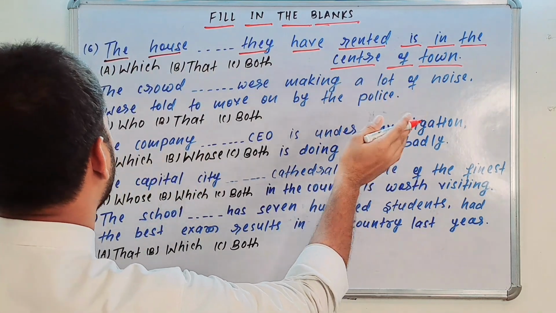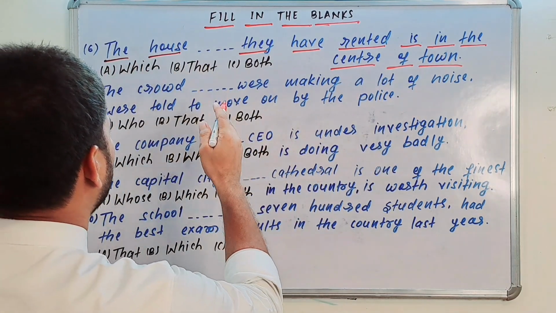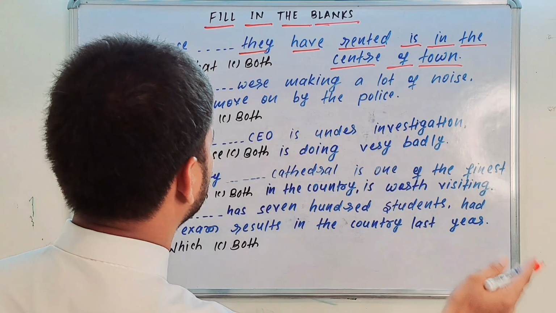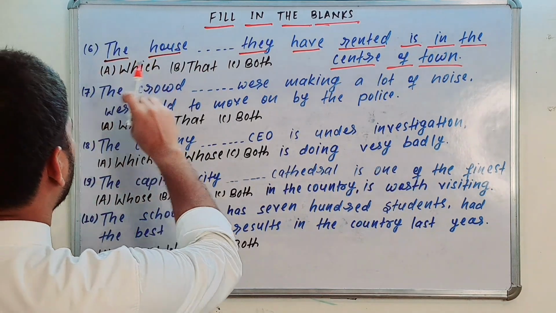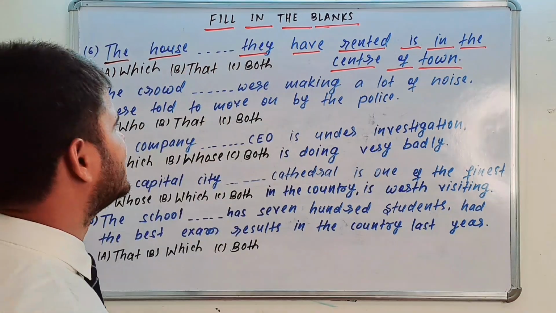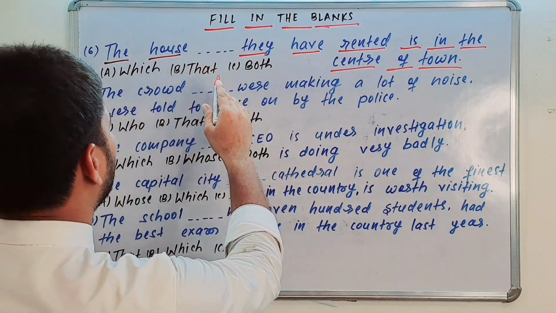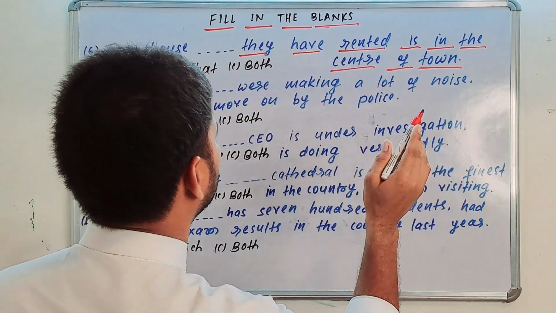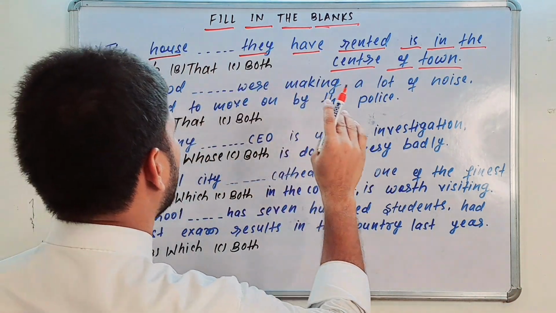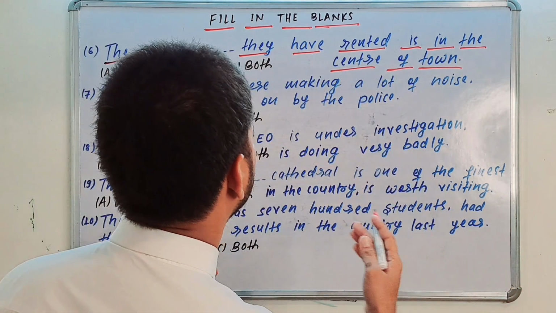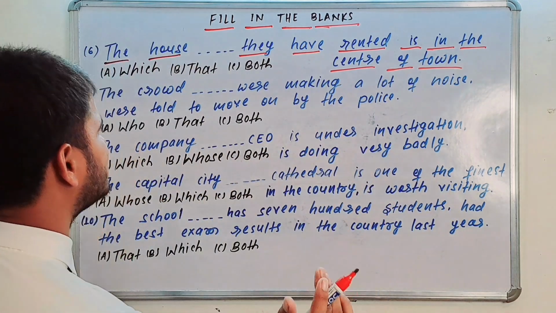Basically, center of town. The house that they have rented is in the center of town. And for that, option A is which, option B is that. As I just told you, the house that they have rented is in the center of town.